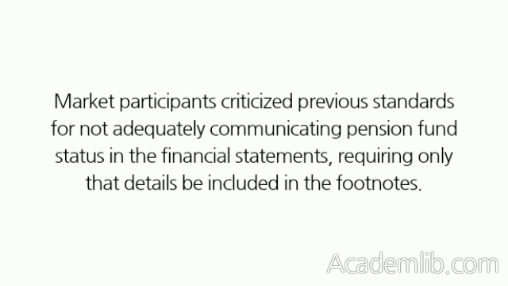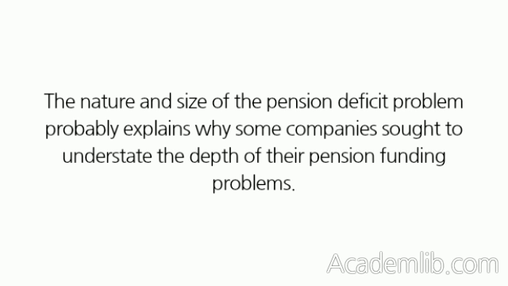Market participants criticized previous standards for not adequately communicating pension fund status in the financial statements, requiring only that details be included in the footnotes. The nature and size of the pension deficit problem probably explains why some companies sought to understate the depth of their pension funding problems.